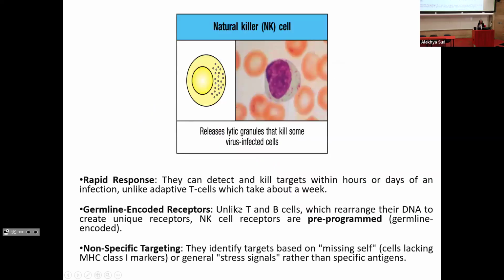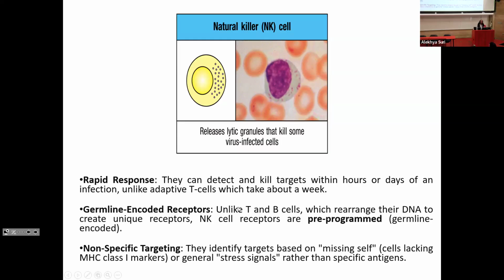Another cell type that is also referred to as an innate cell is the natural killer cell. And the natural killer cells also have a very rapid response. They can detect and kill targets within hours or days of an infection. And they're slightly different from the adaptive immune response, because that takes, as I said earlier, much longer.